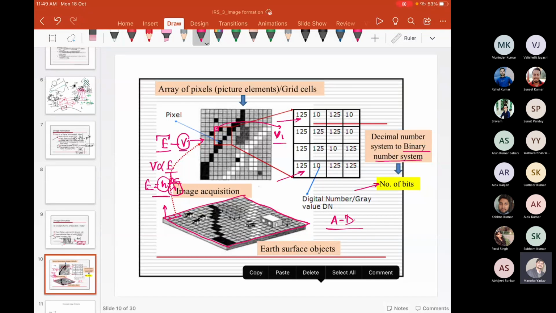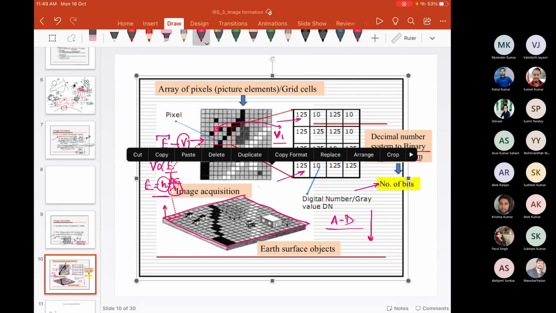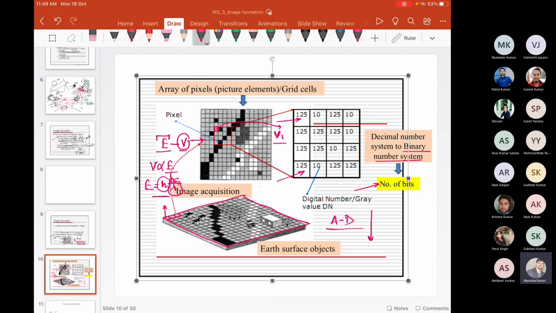In A to D conversion, when we convert an analog signal into digital format, the number of segments into which we divide the analog signal gives us the number of unique digital numbers we want to generate corresponding to the range of analog signals.